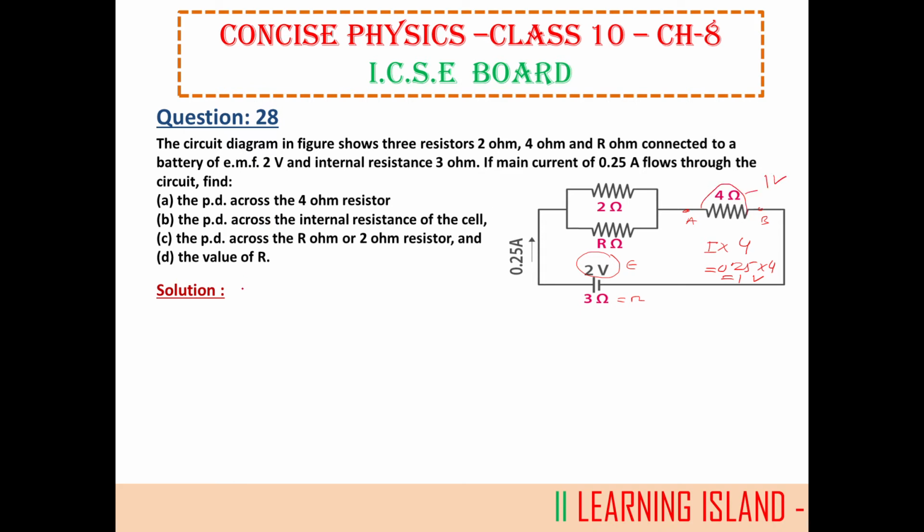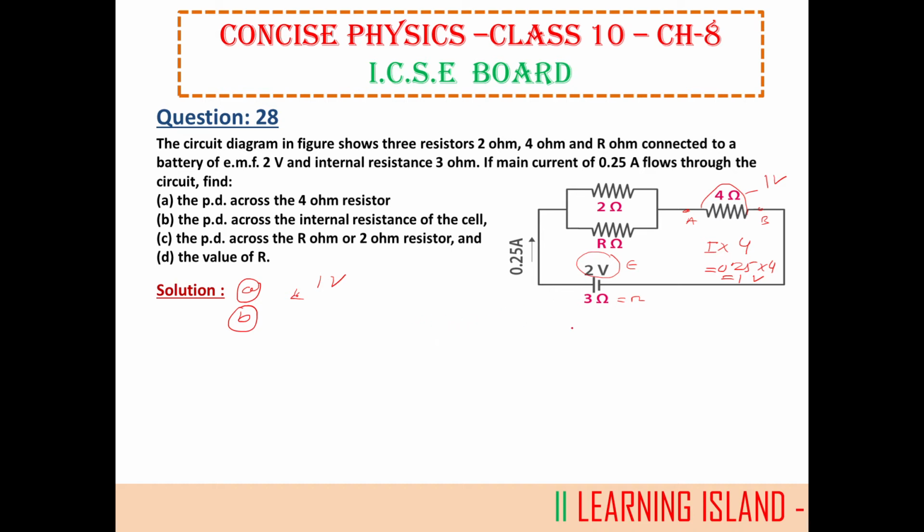So for question A, the answer is 1 volt. Now B, the PD across the internal resistance of the cell, the potential difference across the internal resistance. To find it out, we'll apply the law like this.